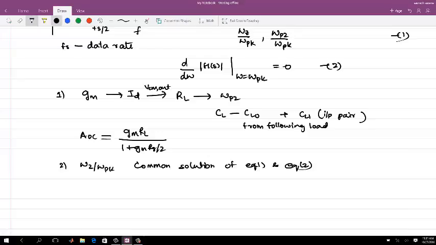So you start with a gm, varying gm, and find the minimum gm for which equation 1 and equation 2 are satisfied.